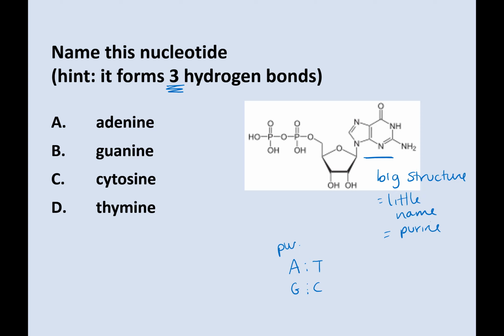Here are your purines. Oops, I didn't spell that right. And here are your pyrimidines on this side. So if you get in the habit of writing things like I show you, it'll help you keep everything organized. So in fact, this is guanine.